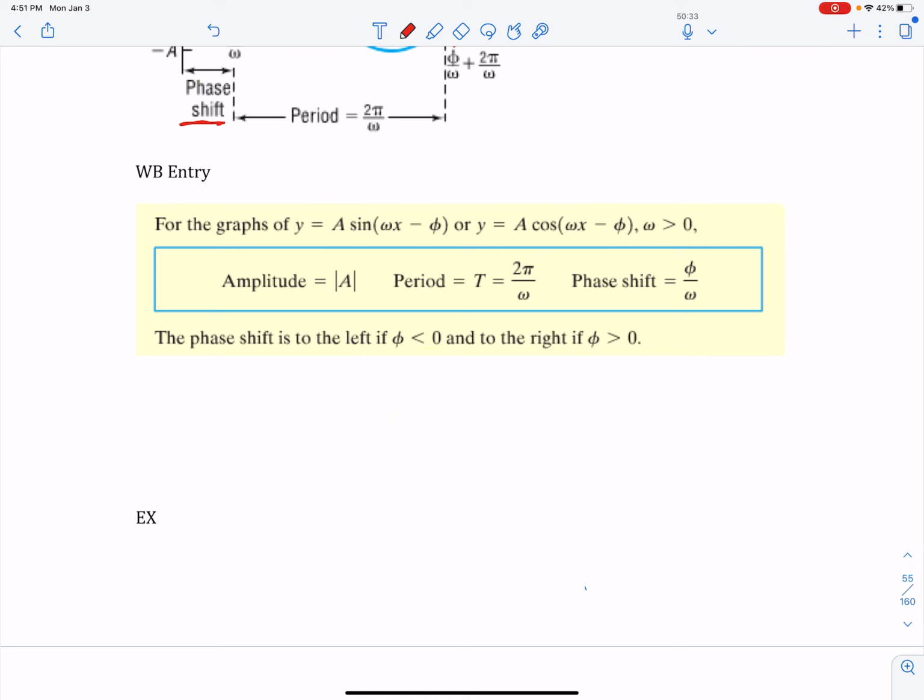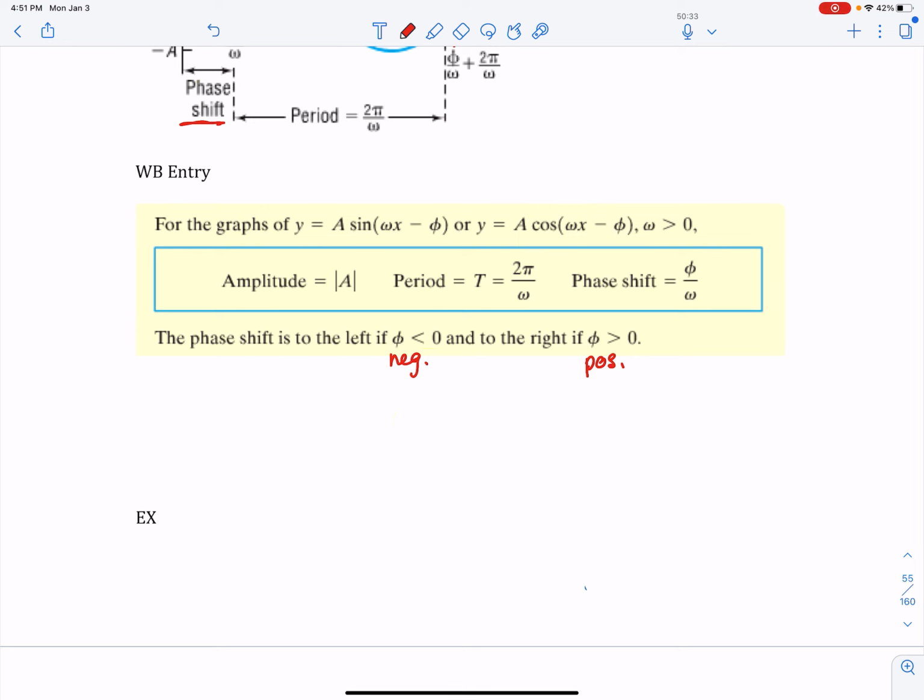The period is 2 pi over omega, and the phase shift is phi over omega. Now, if you have phase shift to the left, that means that phi has to be less than 0. So phi has to be negative. And if there's a phase shift to the right, that means that phi is greater than 0. So phi has to be positive.